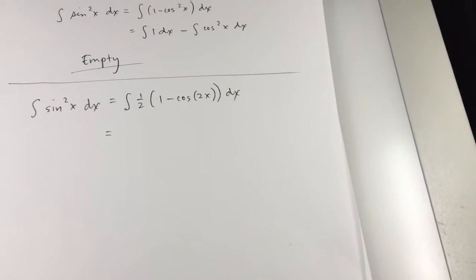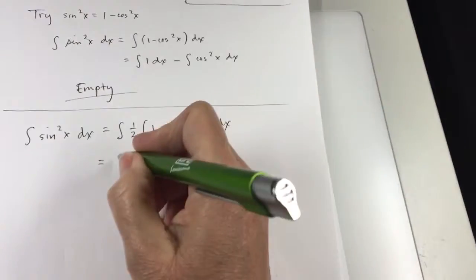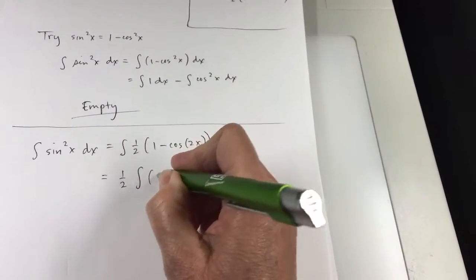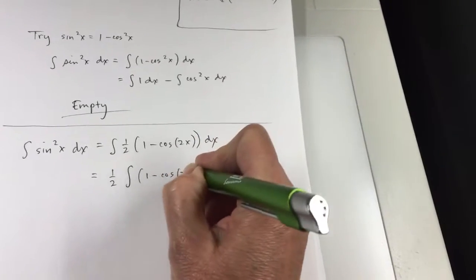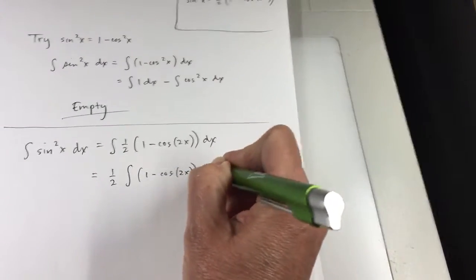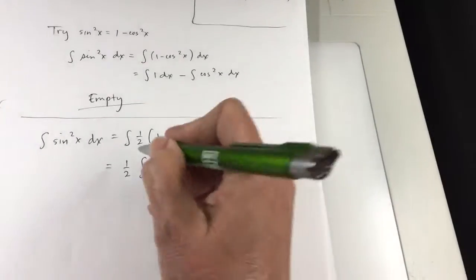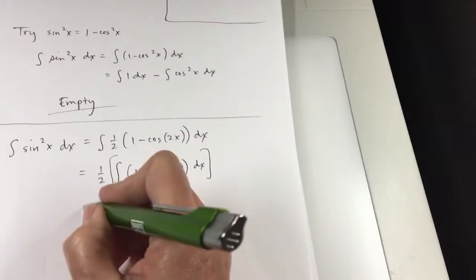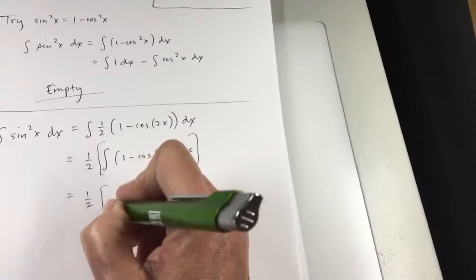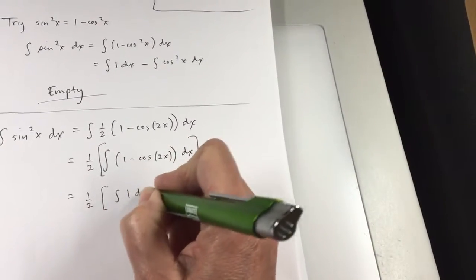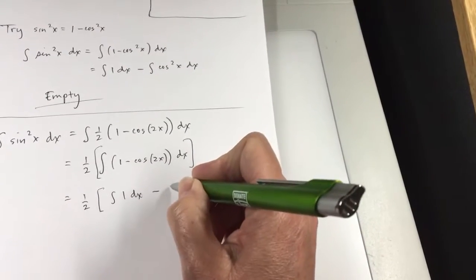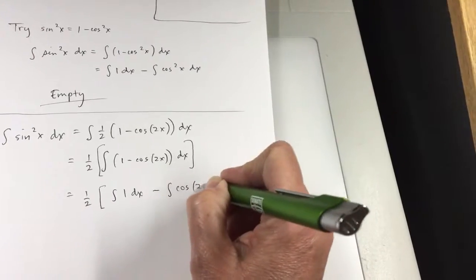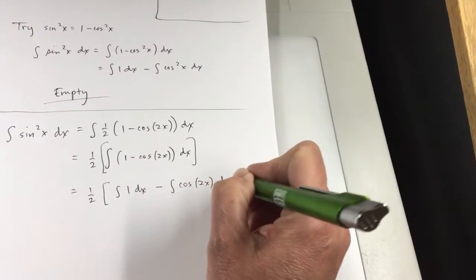I cannot factor out things that have variables in it. But I can factor out the 1/2. So it's 1/2 times the integral of 1 minus cosine 2x dx. Now, this is two separate integrals. So 1/2 times the integral of 1 dx minus the integral of cosine 2x dx.